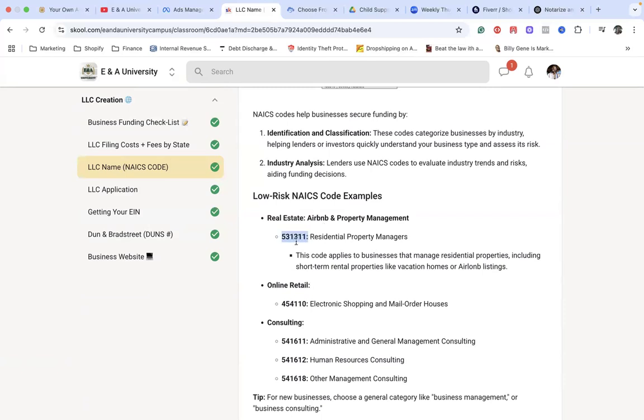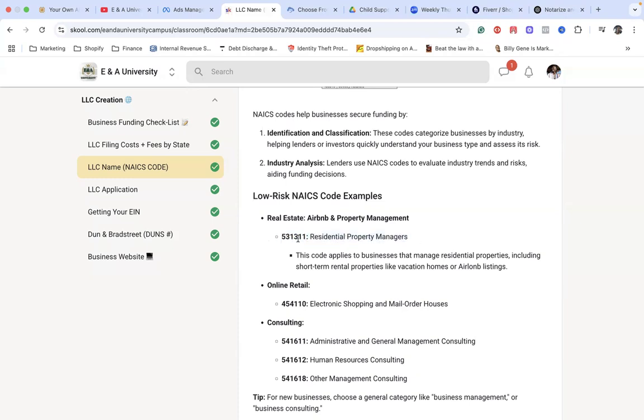Now, you can change the code in your business, but you can't change your name unless you file an amendment, which is going to cost you and it's going to take time. So in order to avoid those extra steps, you can pick a very generic name. I'll give you an example. I have a property management business for Airbnbs. It's called E&A LLC.